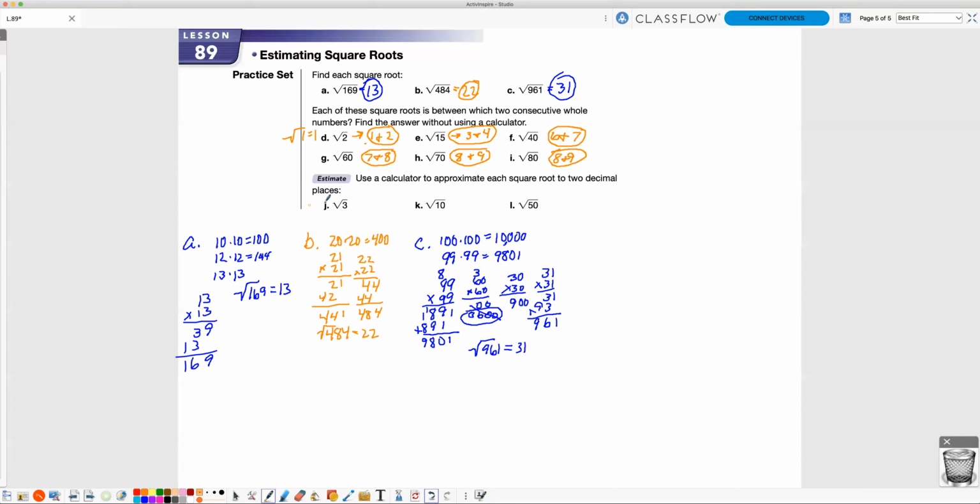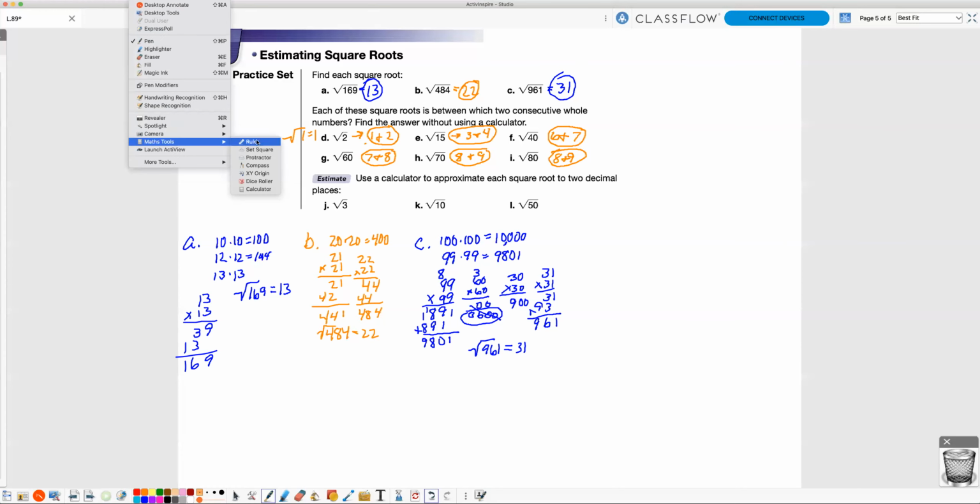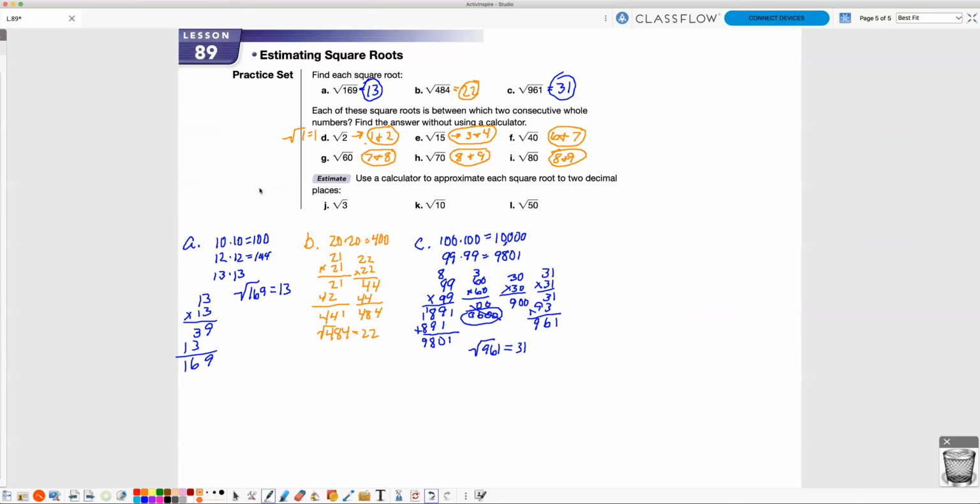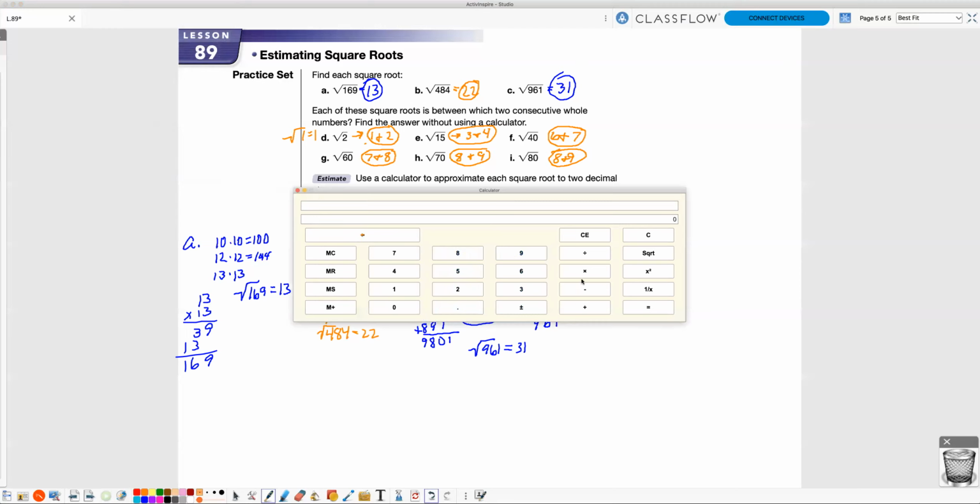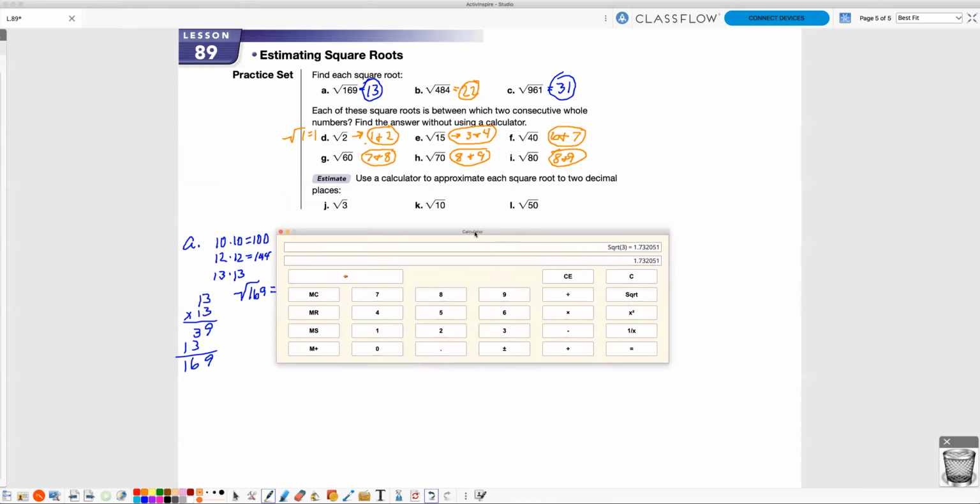Use a calculator to approximate each square root to 2 decimal places. So using the calculator, the square root of 3. You just hit 3, and then you've got the square root button, and it gives you your answer. So this would be 1.73 for letter J, because it says use a calculator.